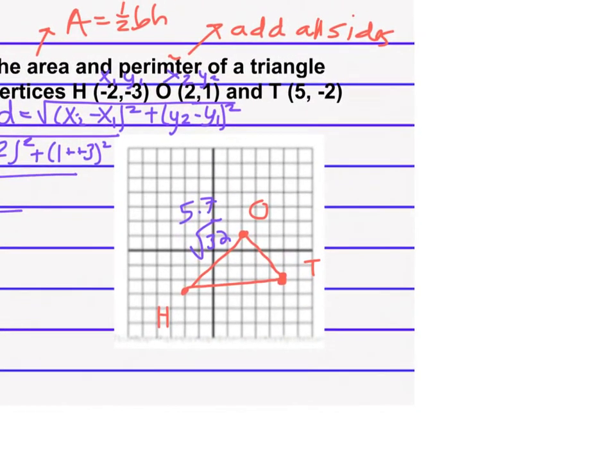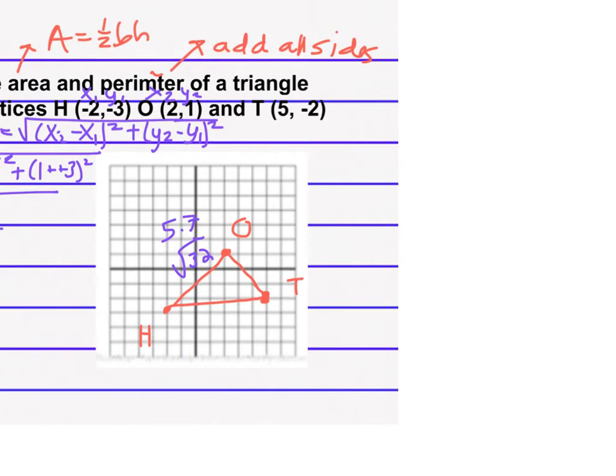Then I'm going to give myself a little more space. Maybe we'll come over on this side, and I'm going to do OT. We'll get a different color here for OT. Okay, so now I'm doing OT. I have the points 2, 1. That's x1, y1. And I have the point 5, -2. That is x2, y2.